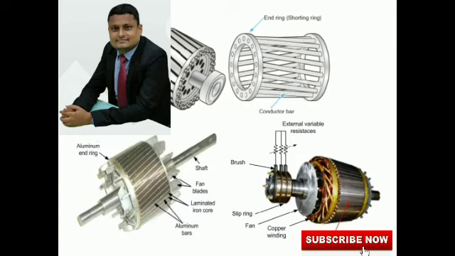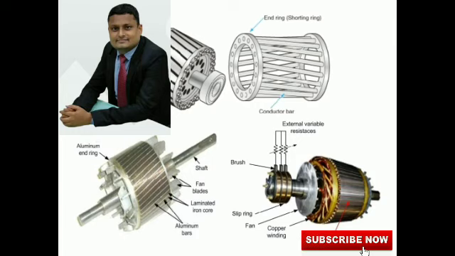First of all, rotor is the rotating part in the machine. So this is the end ring, this is the conductor bar, and this is aluminum end ring. This is the shaft, and this is fan blade.